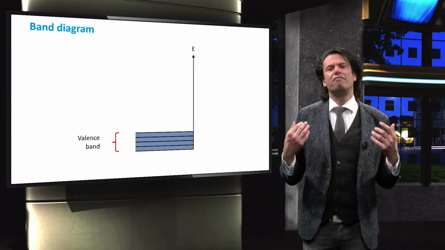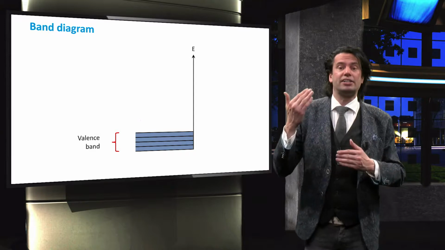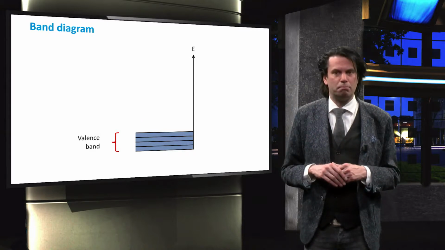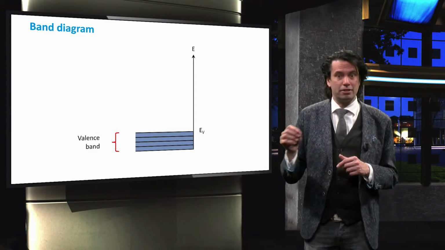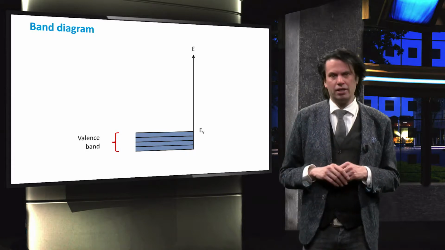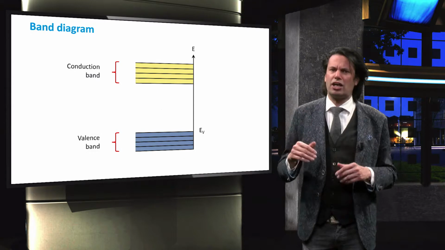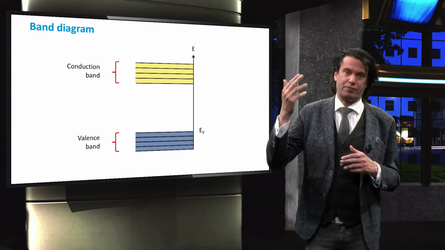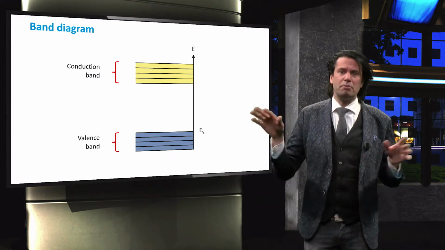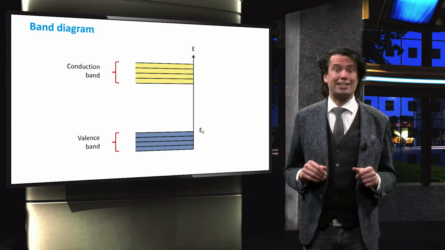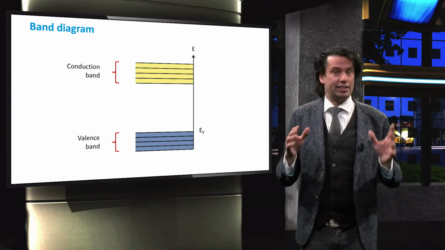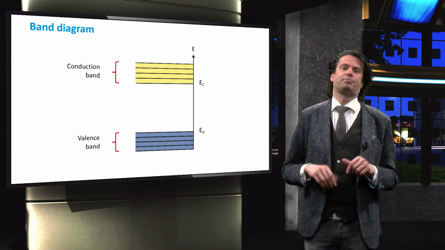These levels are in the valence band with the upper energy limit known as the valence band edge, indicated by EV. The energy levels of the unbound or conduction electrons are represented by the conduction band. The lower energy limit of the conduction band is known as the conduction band edge, as indicated by EC.